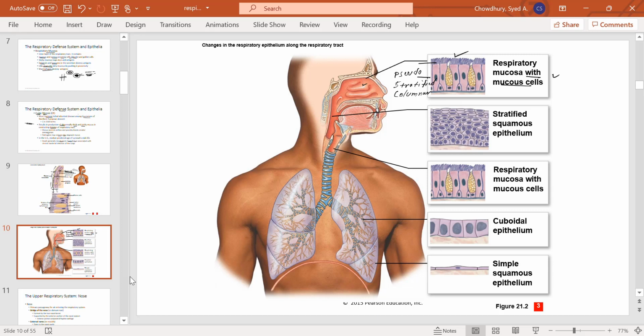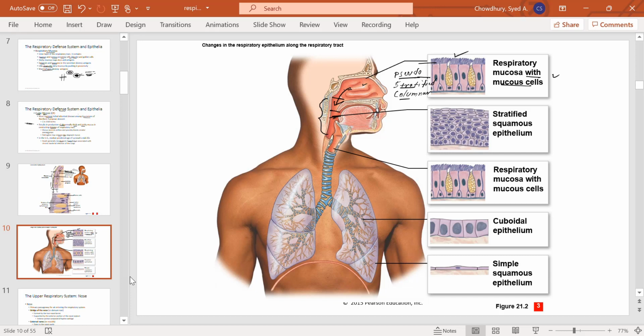Then this is the pharynx, and in the pharynx you have two types of lining. Pharynx has three parts. This whole part is the pharynx. Now the uppermost part has the same lining, pseudo-stratified columnar, from the nasal cavity to the upper part of the pharynx.